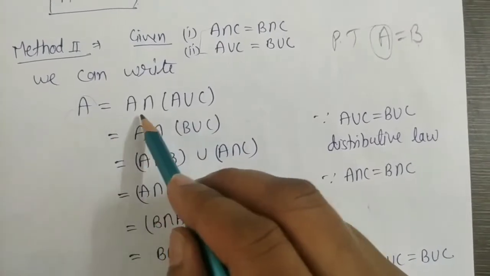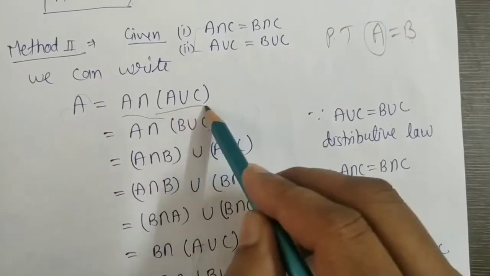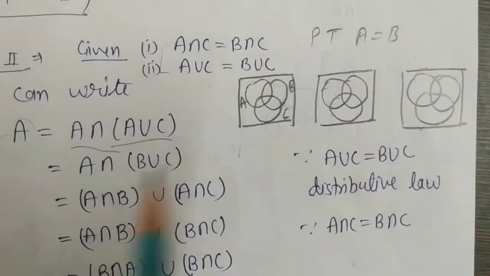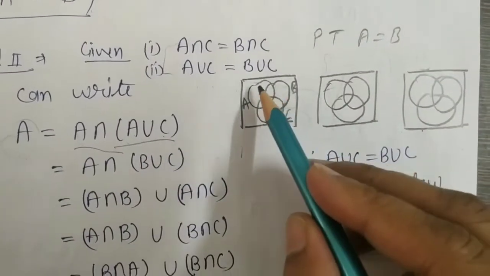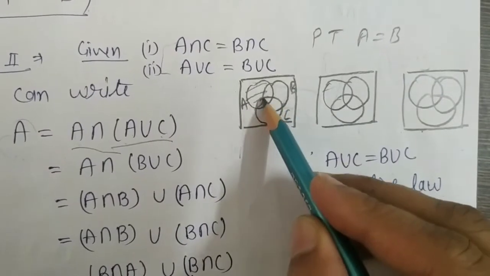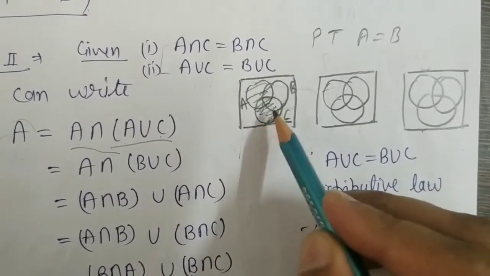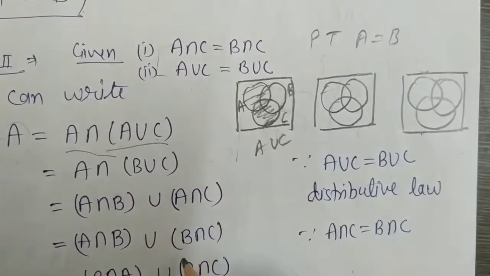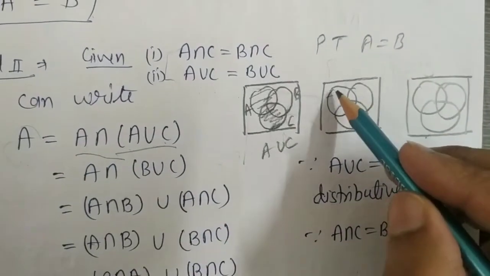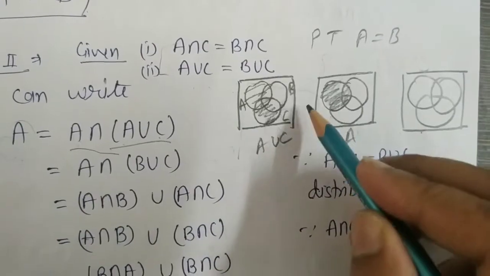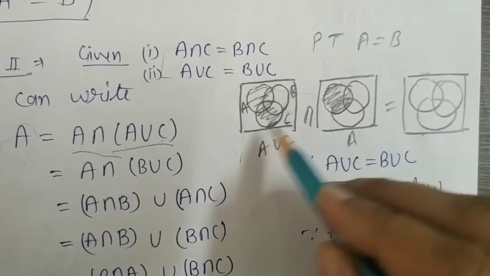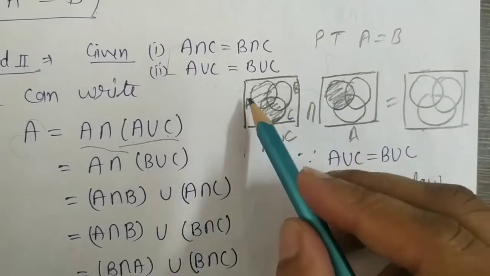We can write A as A intersection (A union C). Let us check this property. A union C. This is A union C, with intersection A, this is A. Taking the intersection of both of those, intersection means only the common part.